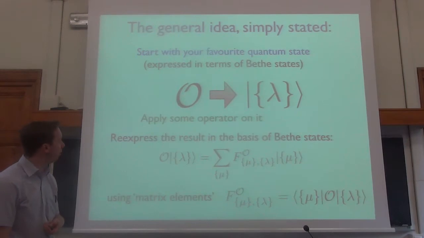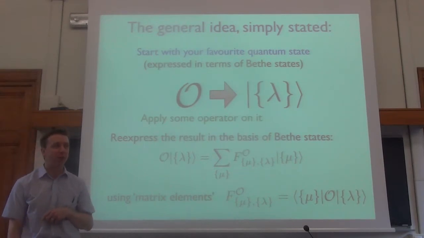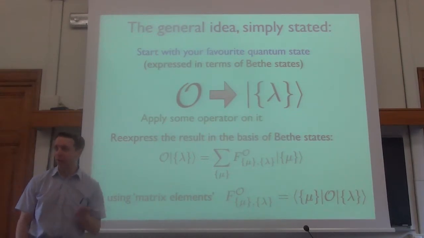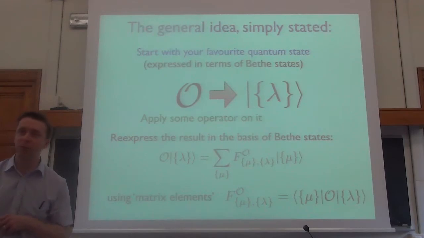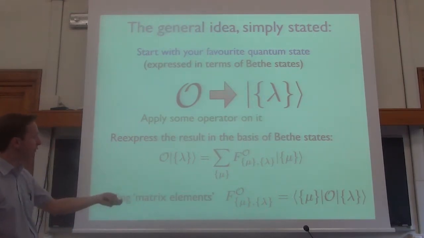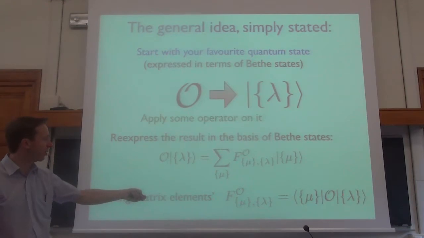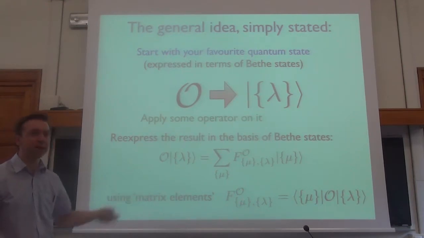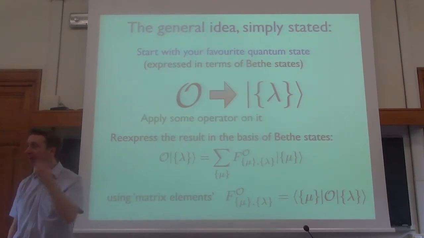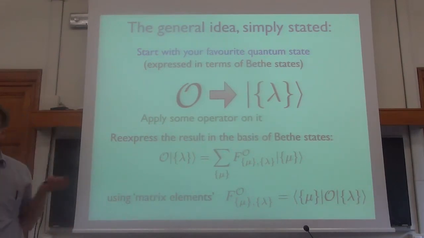Okay, so what you would imagine in normal quantum mechanics is that you start from a given state, you apply a certain operator on it. This operator is a matrix in Hilbert space. It's represented by some numbers. These matrix elements for various operators are in general quite difficult to calculate, because each Bethe wave function is a summation over N factorial terms, and doing this integration is just a bit inhuman.